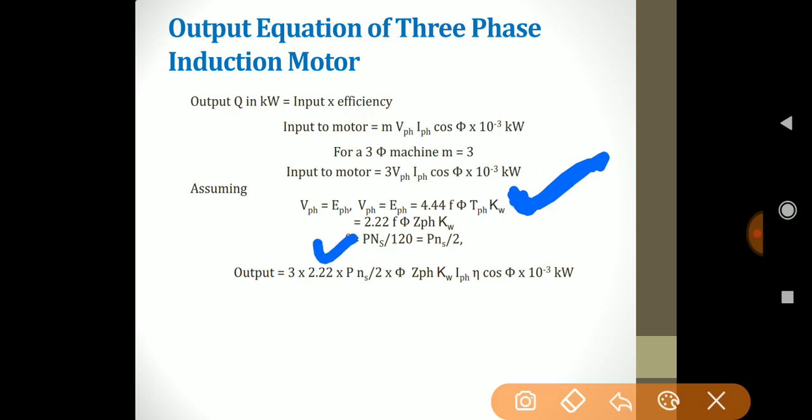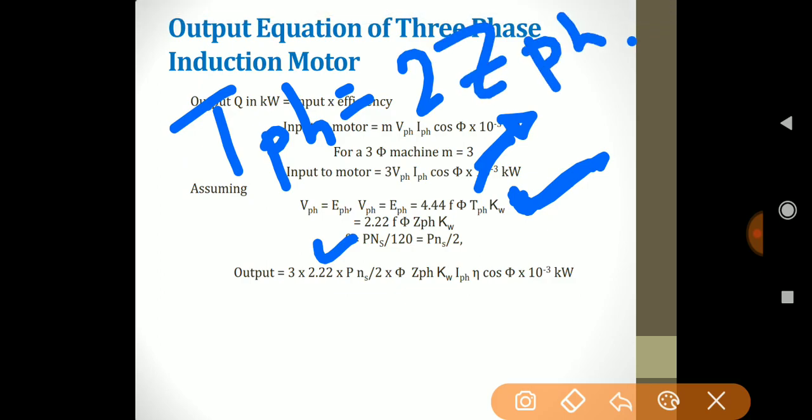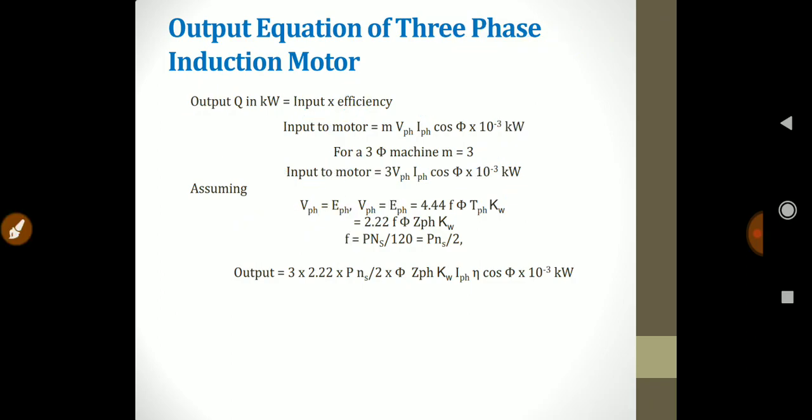So the frequency value I have got, and I have written the value for TPH here. TPH is equal to 2 ZPH, so ZPH is equal to TPH by 2. That's what is done here.